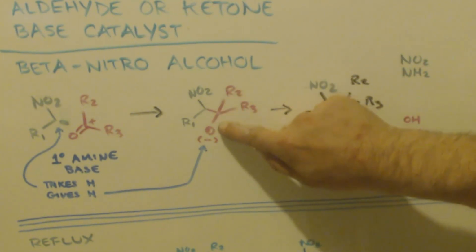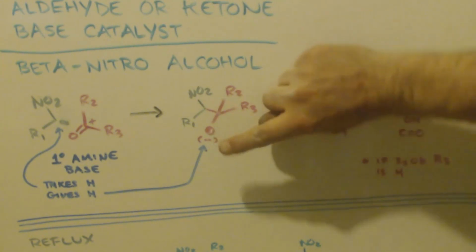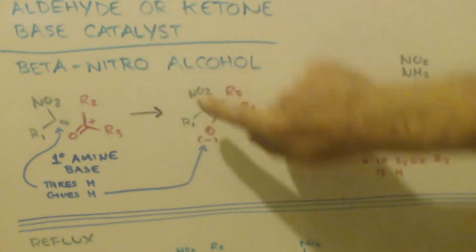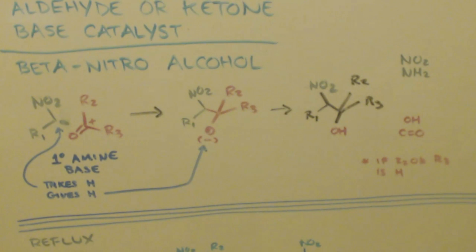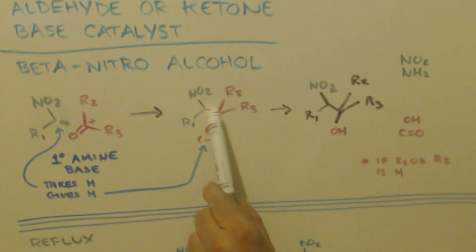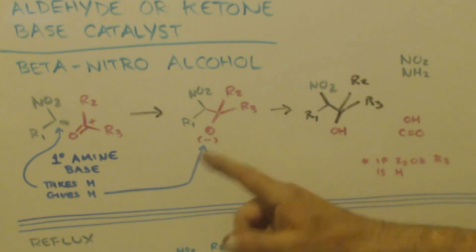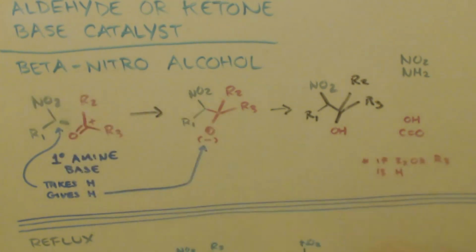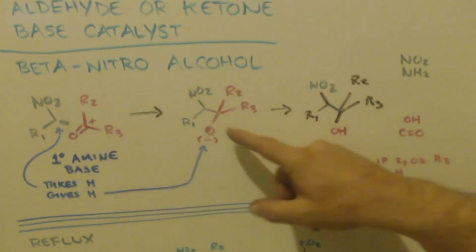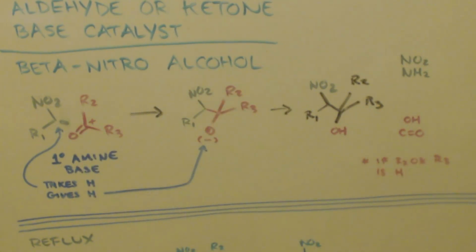Here's where the double bond used to be. You can see one of the double bonds fell over to connect these two molecules together. And it left the negative charge. Remember, this is negative, so when you link both of these together, you're still going to have some negativity somewhere. That negativity jumps up onto the oxygen.